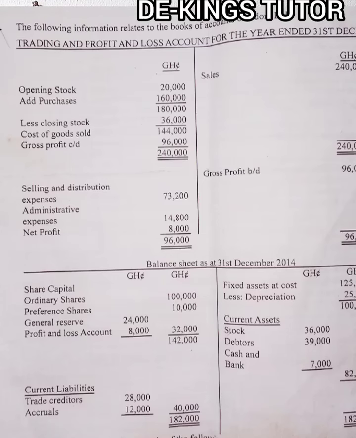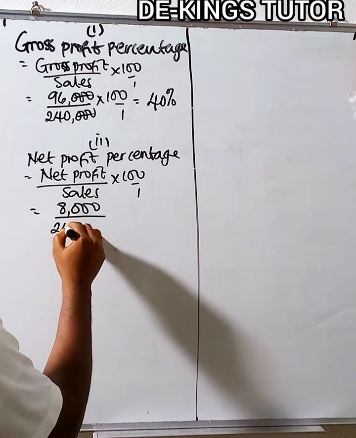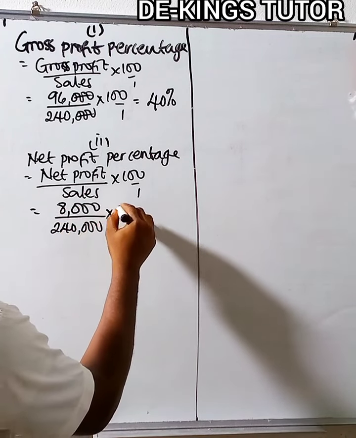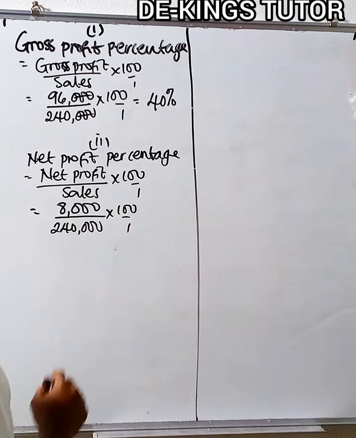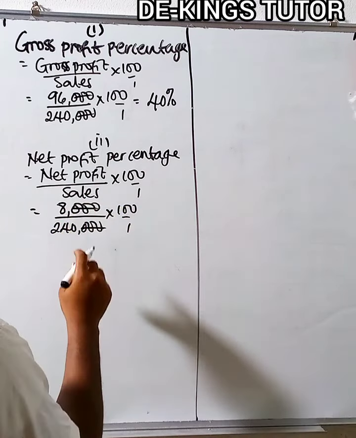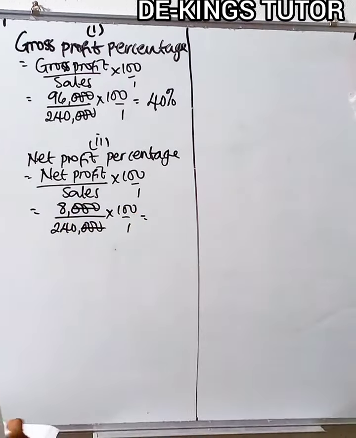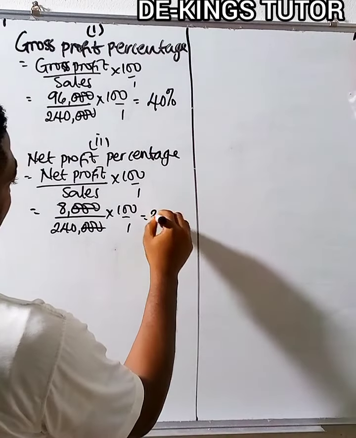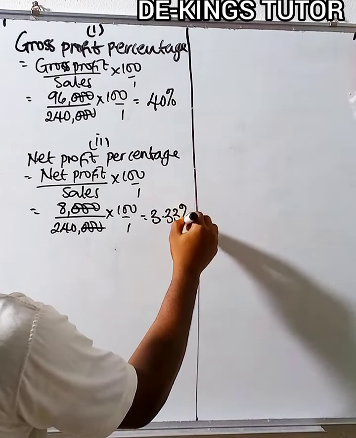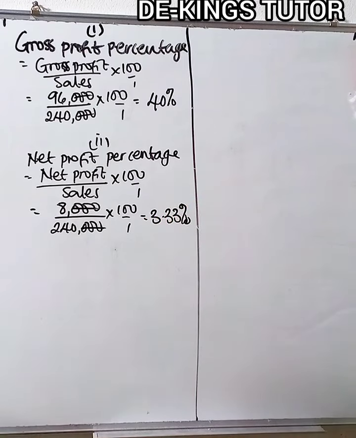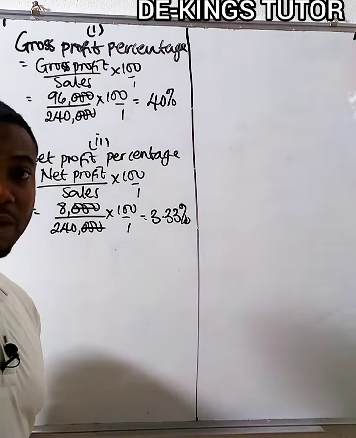What's the net profit there? 8,000. So which is 8,000 over our sales, 240,000, times 100 over 1. Okay, so if this cancels this, in total we're going to have 3.33% as our net profit percentage.